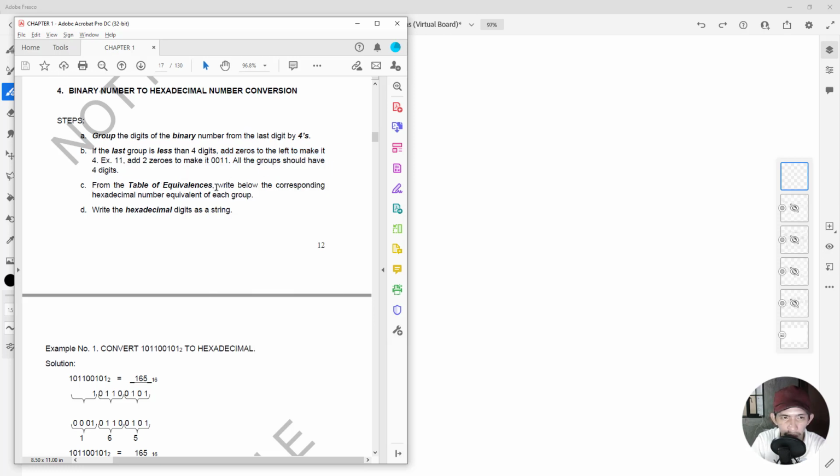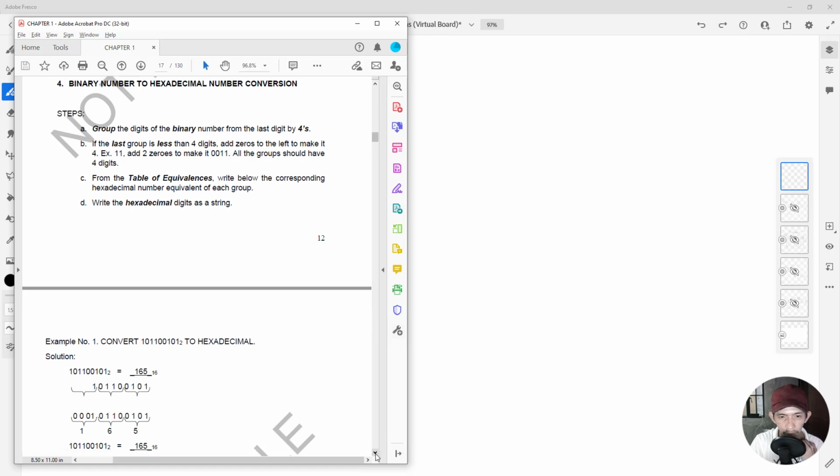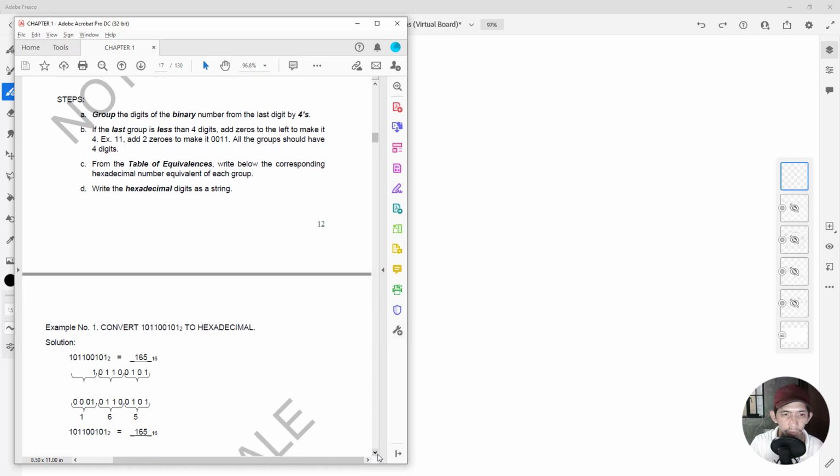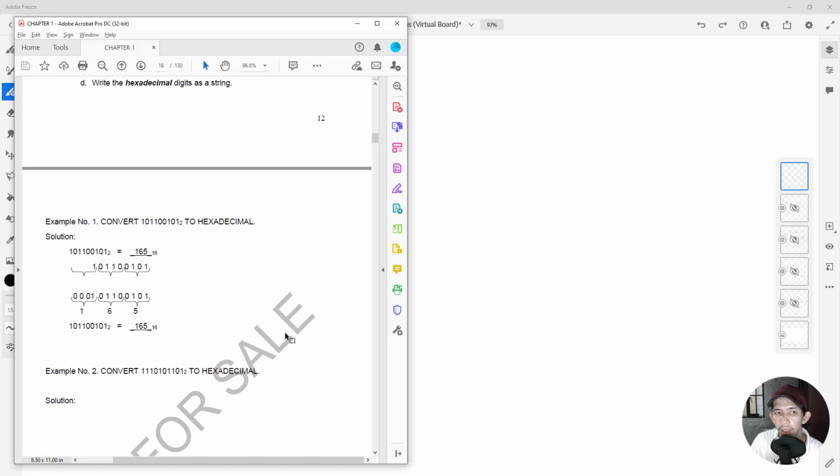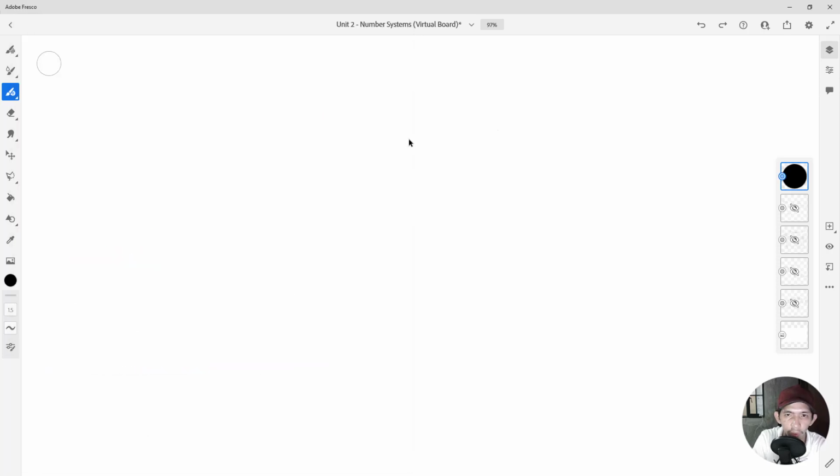From the table of equivalences, write below the corresponding hexadecimal equivalent of each group, and then write the hexadecimal digits as a string. So this is the example: binary to hex.